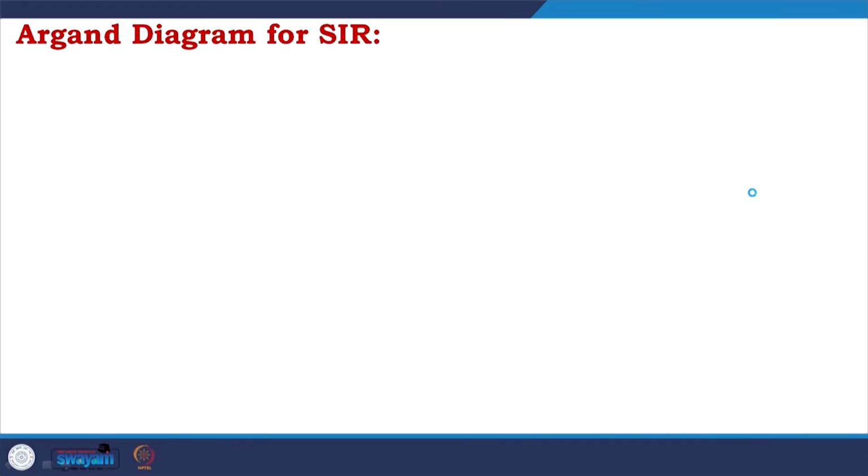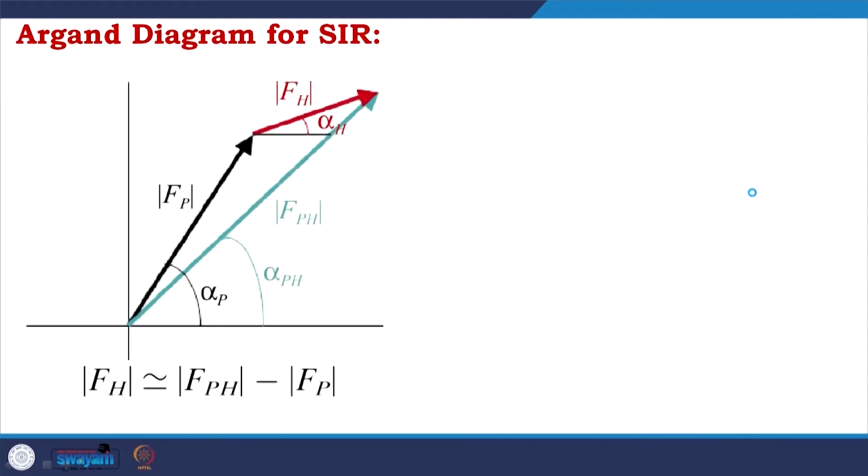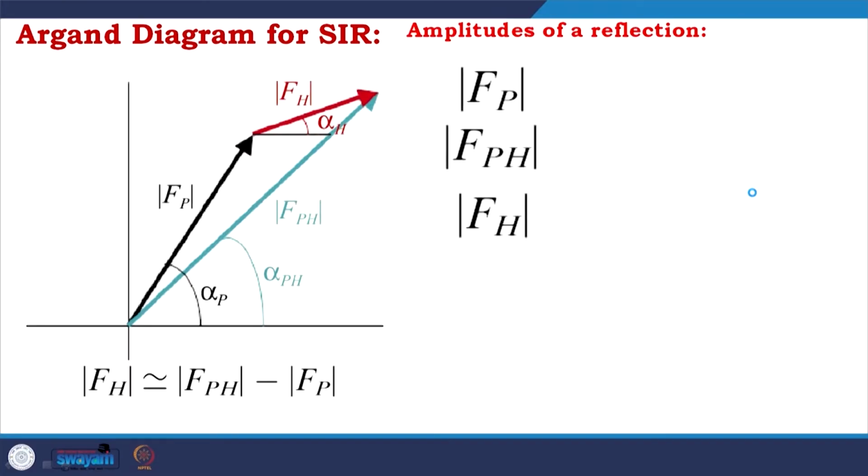Now, come to the Argand diagram of single isomorphous replacement. You will see many factors here: the amplitude of a reflection, Fp, which is the structure factor of the protein; Fph, which is the absolute value of the structure factor of the heavy metal derived protein; and Fh, which is the difference, the heavy metal's contribution.